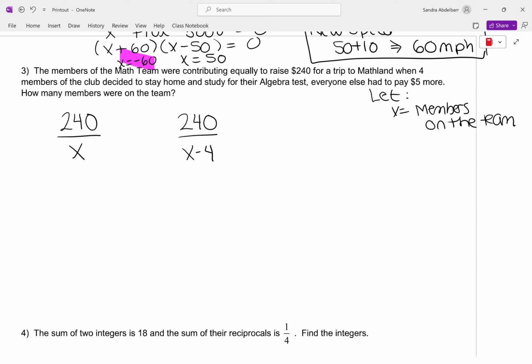Now, is this amount and this amount the same? No, it's not the same. Which amount is more? The 240 divided by x minus 4. These kids are now paying more money. How much more? They are spending $5 more now.